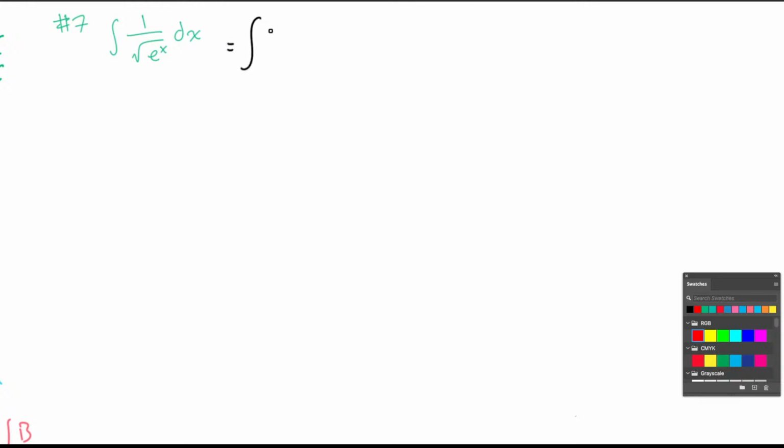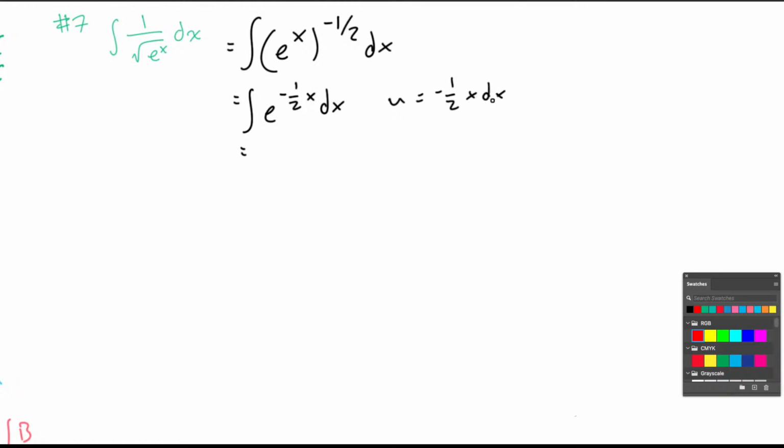That means this is the same as e to the x to the negative 1/2 dx. That means e to the negative 1/2 x dx. That means u equals negative 1/2 x, so du equals negative 1/2 dx.